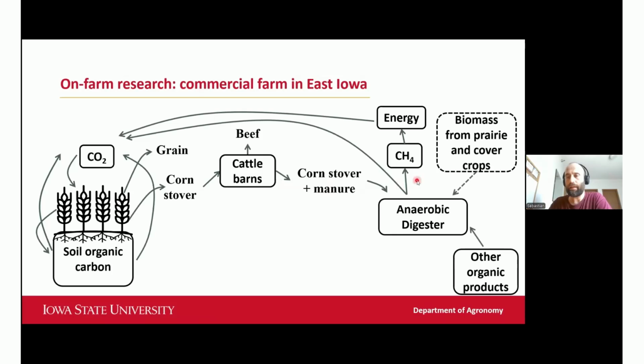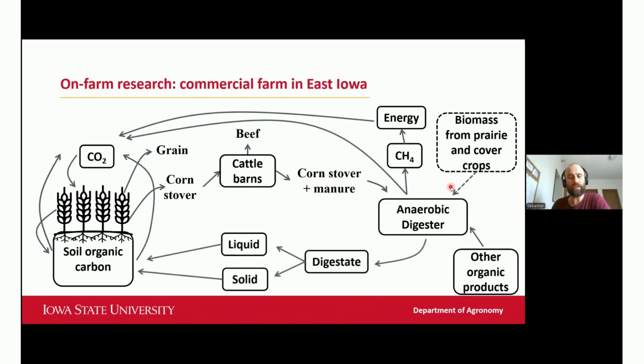And there are also other carbon inputs to the anaerobic digester, that is, biomass from prairie and cover crops, and other organic products that come from the industry. Then the digestate is separated into the liquid and the solid fraction, and both are applied to the soil in the croplands.